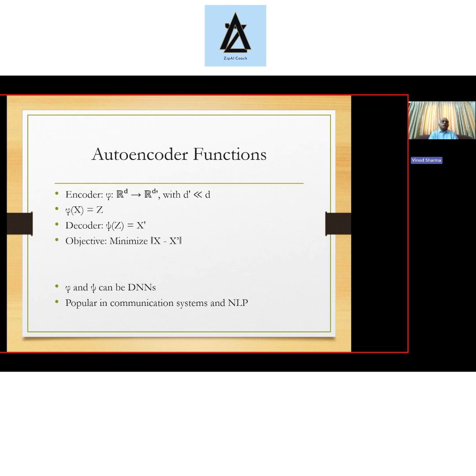The decoder in the same way is denoted by another mapping psi, which takes this compressed vector Z and tries to recover X from it, which we denote by X'. We are going to choose phi, the encoder, and psi, the decoder, in such a way that the norm of the difference between X and X' is minimized.